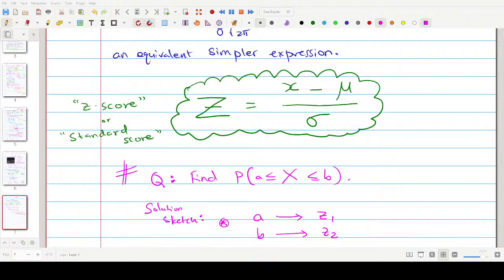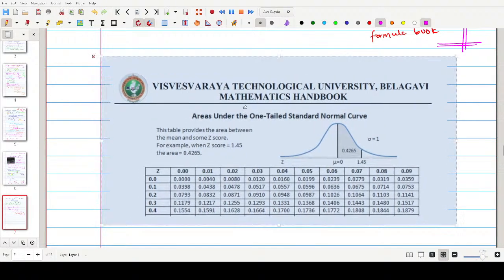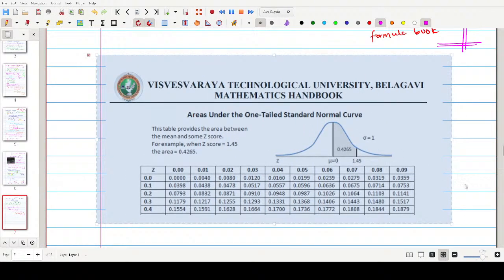So I will go to this page and take a small snip of it. Okay, so I think on your screen now you can see that there is a table that is given, right?